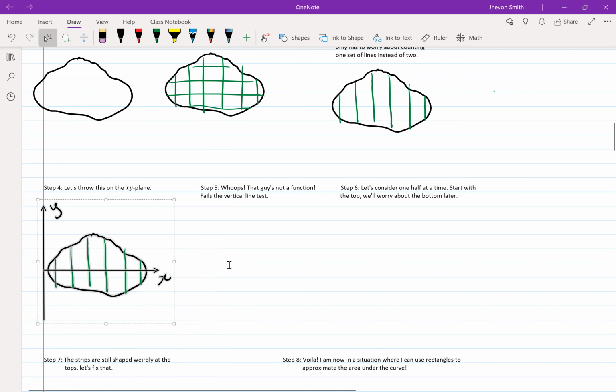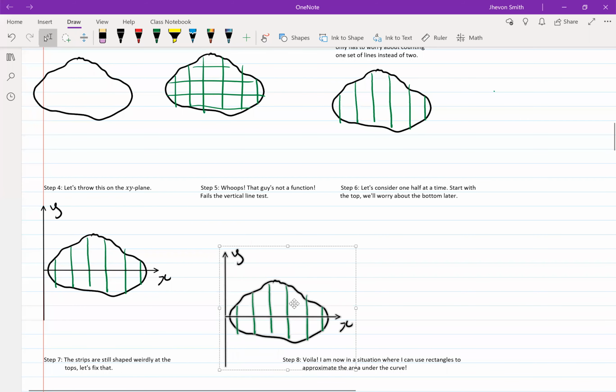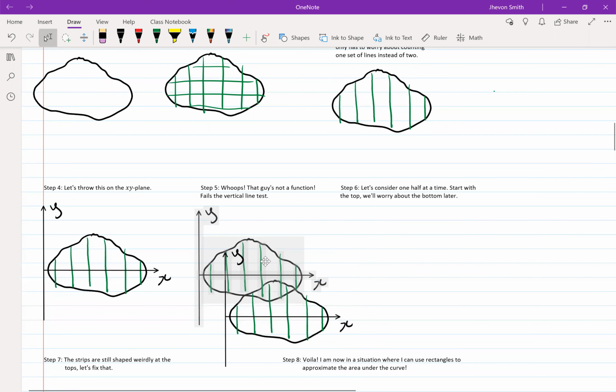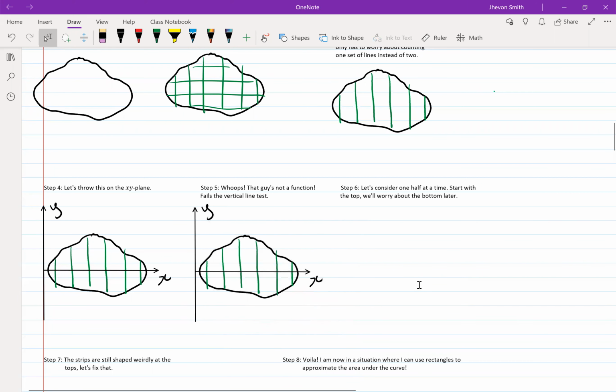Well, when I put this guy here, if I were to draw a vertical line cutting through this guy, I would actually cut it in two places. This means it's not a function. It fails the vertical line test.